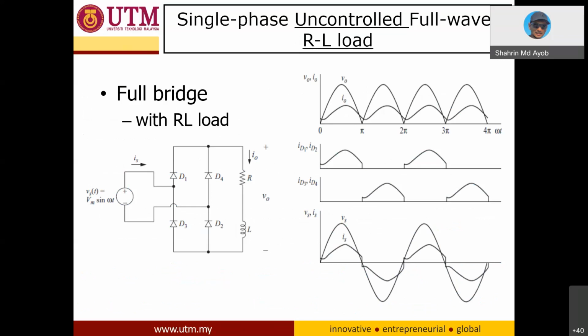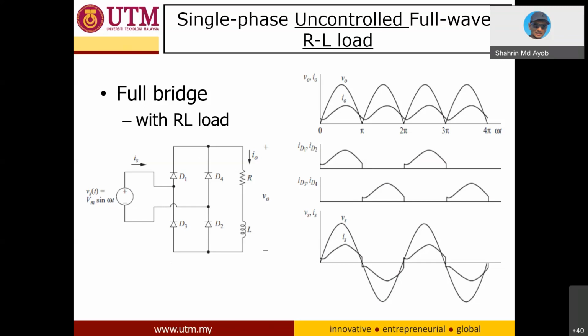Actually, the load models that we use, which are the resistor, the inductive load, and then the RL with DC load, actually represent the actual loads. For example, the resistor represents a bulb.